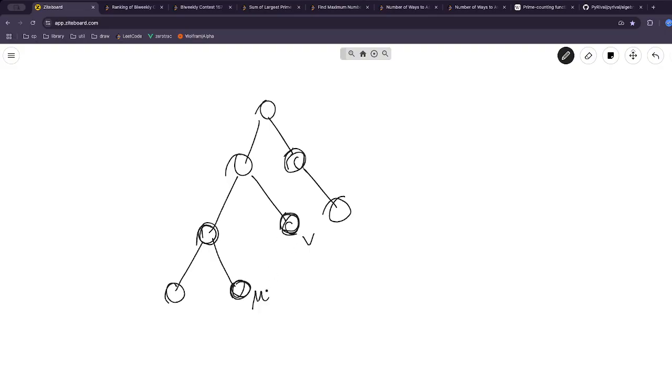And we want to find the distance between them, right?